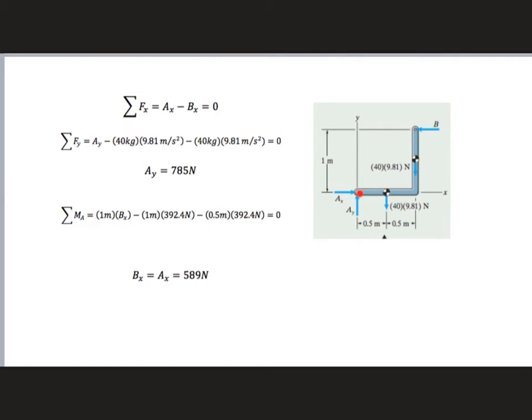So here's the axis of rotation. I go to the perpendicular distance to the force line of action, which for this force is vertical. That one's going to have 1 meter. And then for this B force, the BX force, its force line of action goes like that. And so its perpendicular distance to the axis of rotation is also going to be 1 meter.